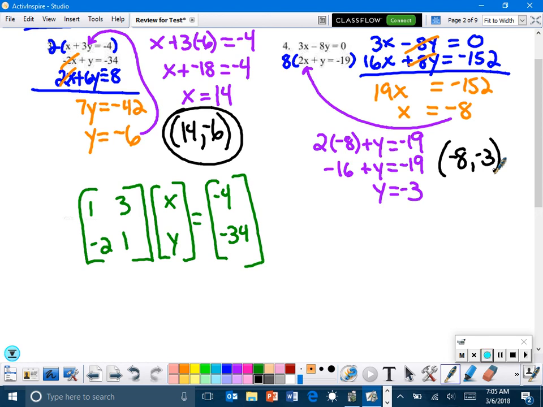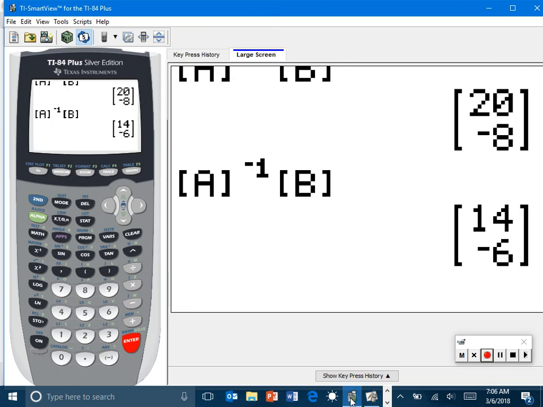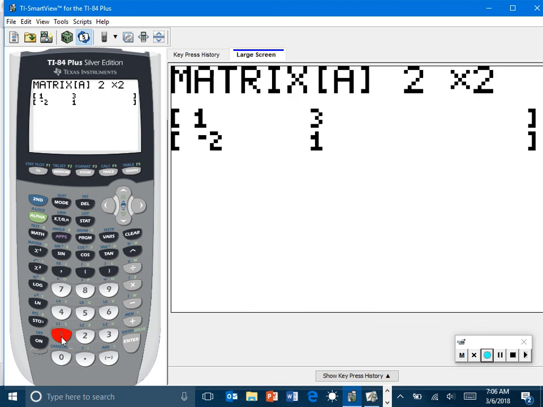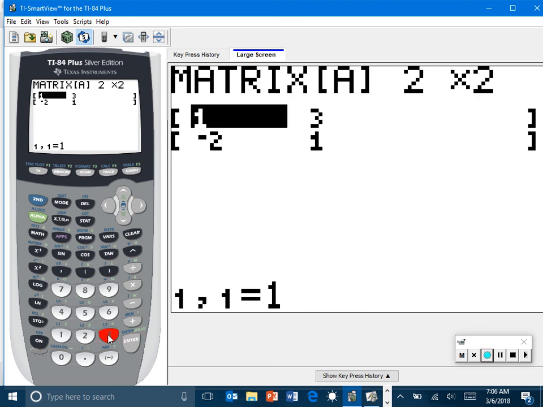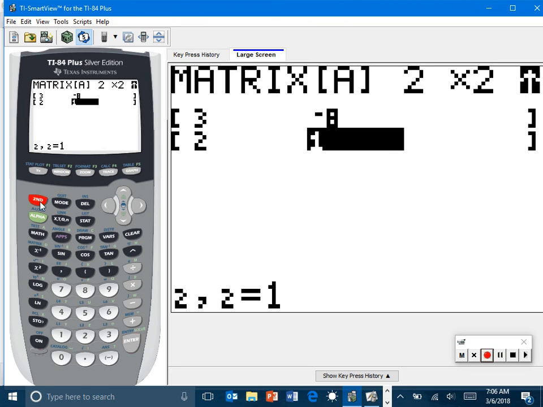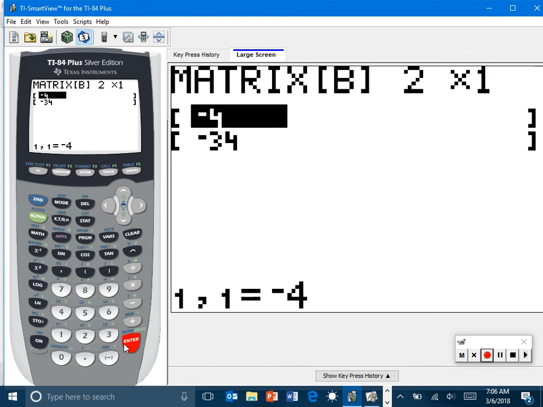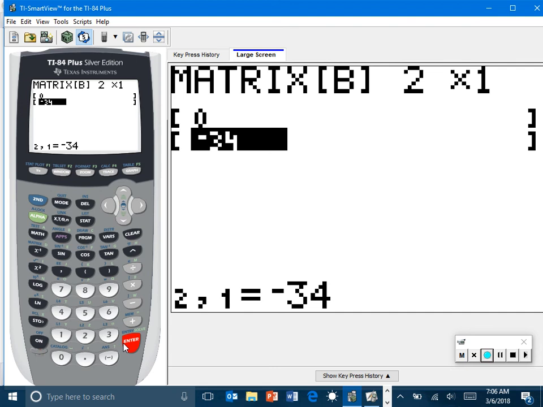Okay, I'm going to set up the matrix, and I'm going to type that into my calculator. All right.